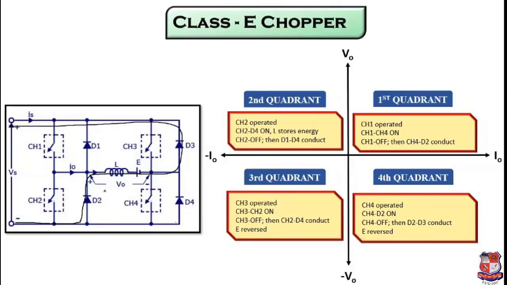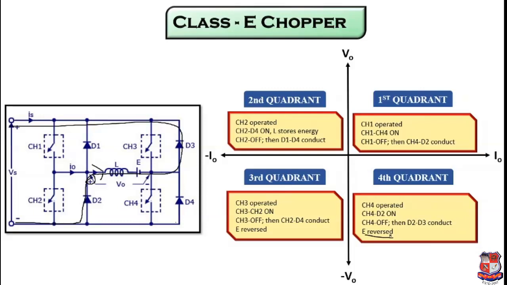So again now negative voltage, because the positive is connected to the negative of the supply and the negative is connected to the positive of the supply, but the direction of current is positive. Okay, the direction of current is positive. So as a result you are in the fourth quadrant operation.